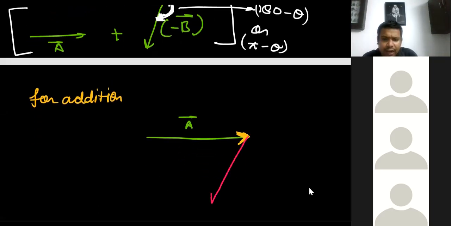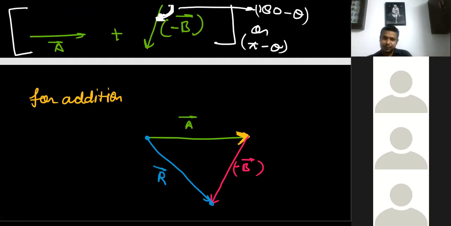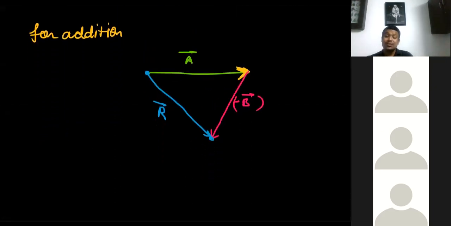So this is the vector B, and this is the minus vector B. Now this direct distance from the tail of the first vector to the head of the second vector is called the resultant. Clear, my dear friends? So this is very easy.